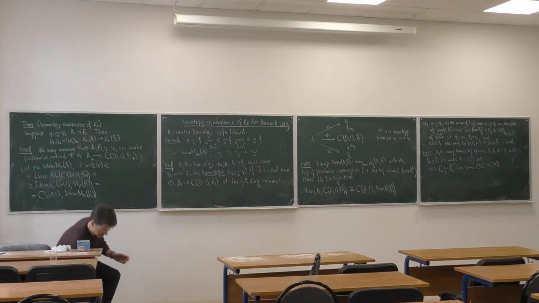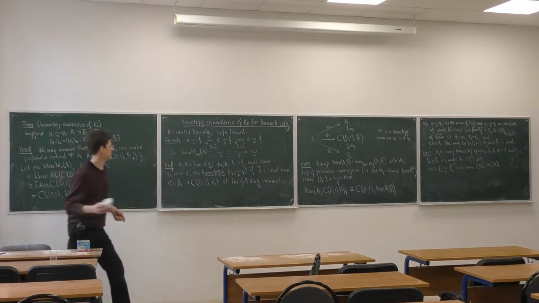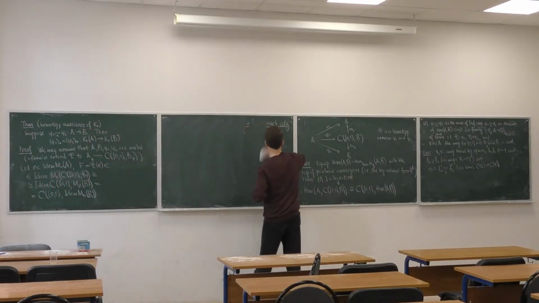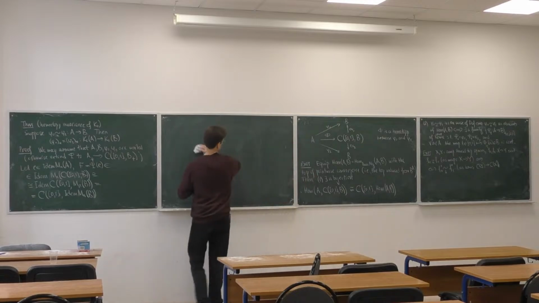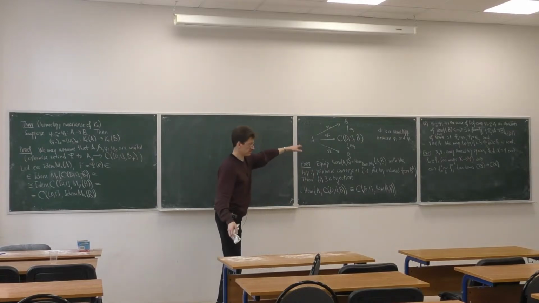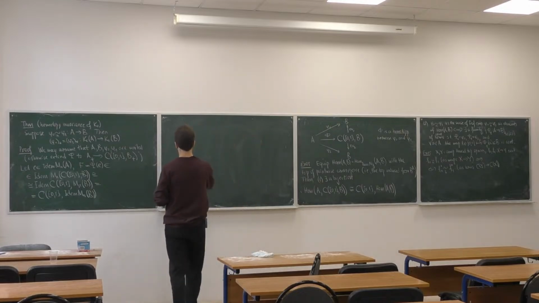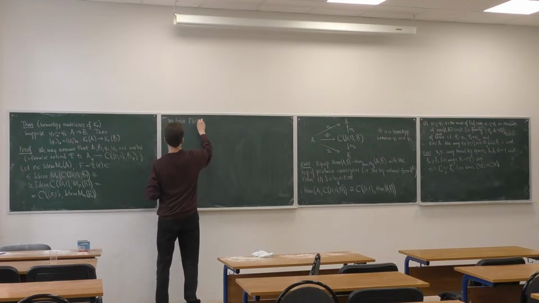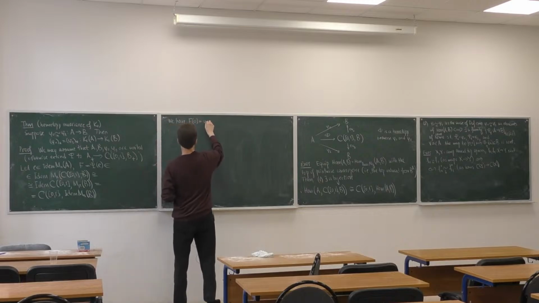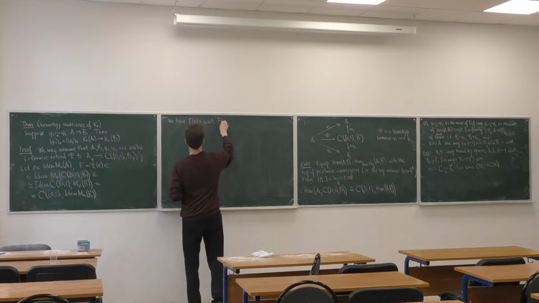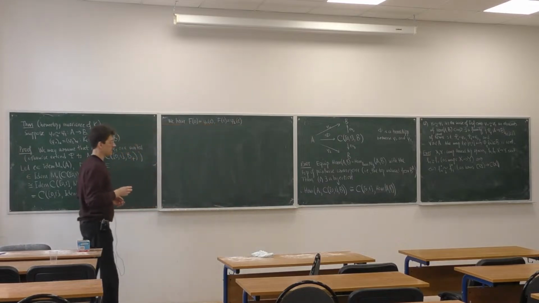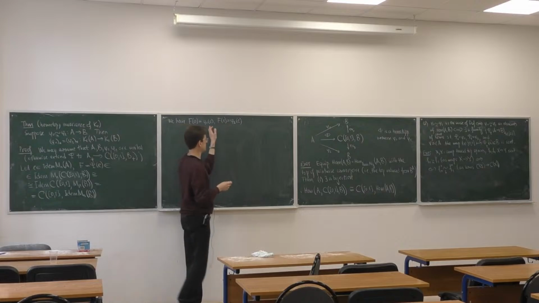And let's now look at F of 0 and F of 1. So by looking at this diagram and applying it to E, we see that F of 0 is little phi 0 of E, and F of 1 is little phi 1 of E. So this path connects these two idempotents.